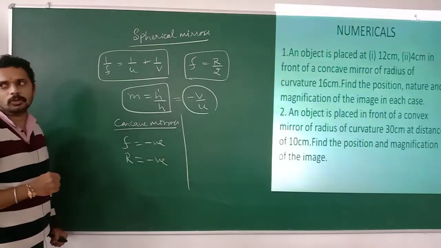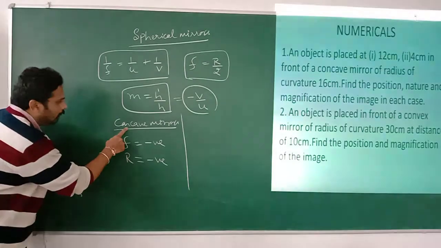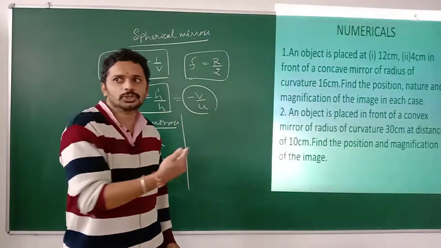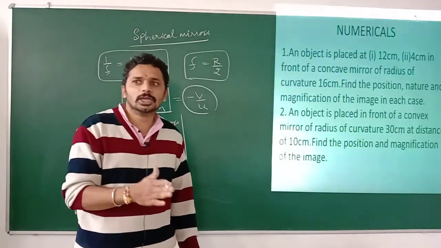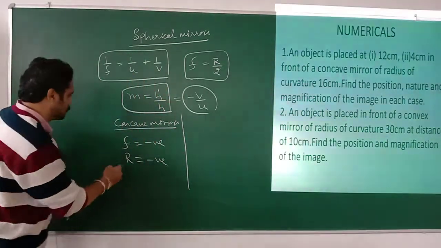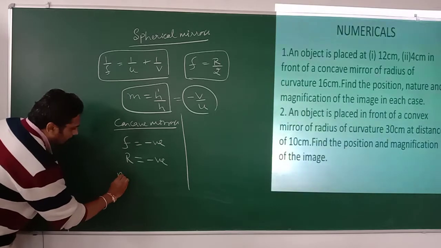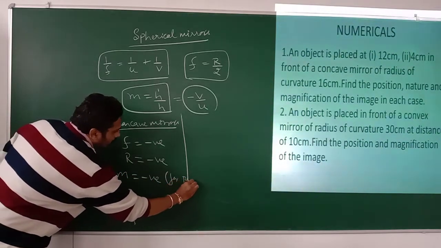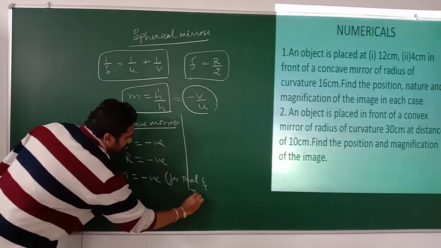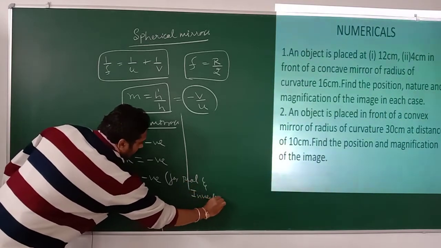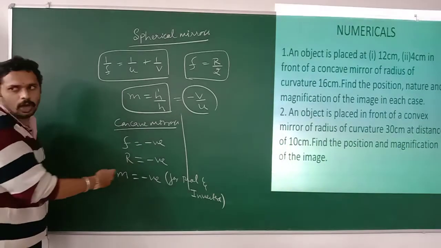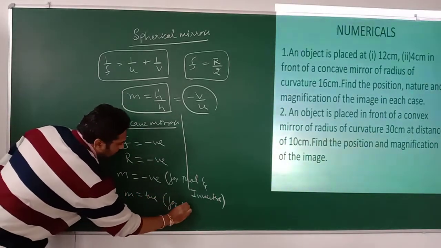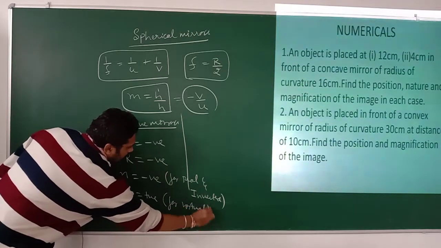In concave mirror, we produce a real image and also a virtual image, depending on the position of the object. Magnification is negative for a real and inverted image. Magnification may be negative or positive. Magnification is positive for a virtual and enlarged image.